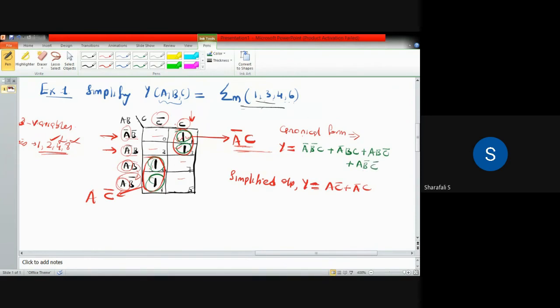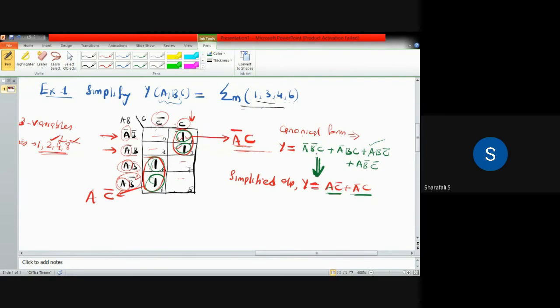This has been simplified into this by using K-map grouping, and we have simplified it to A C bar plus A bar C. Now you can see that in this particular output you do not require any B. So you are reducing the variables here from 3 to 2.